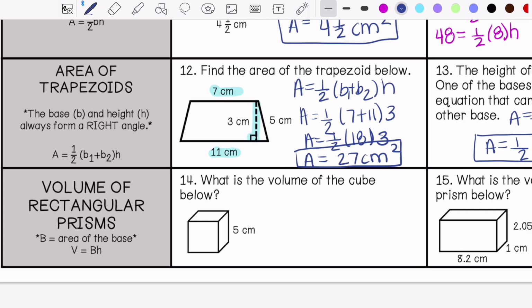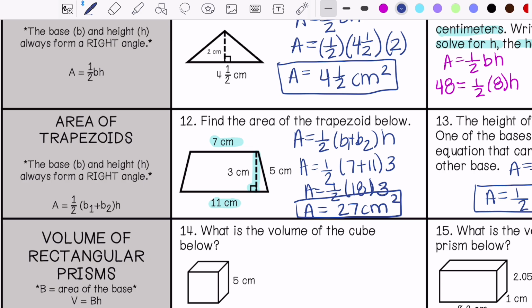So what is the volume below? It is a cube. A cube's bases are squares. And what do we know about squares? All sides are congruent. They are the same. So this is my volume formula. And then we also need to solve for big B first. My base is a square.